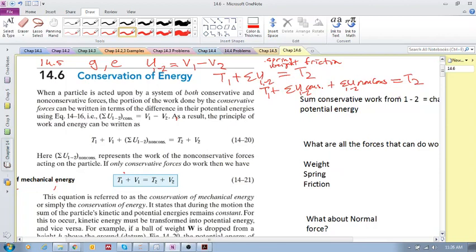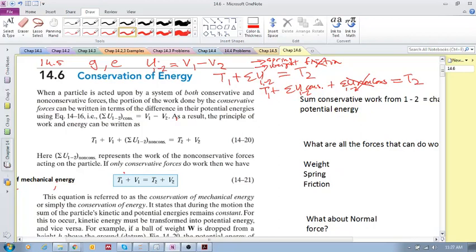Now, if we identify in our problem that we only have conservative forces acting, and we do not have any friction in our problem, then we can throw this away. And we just have T1 plus the work of the conservative forces equal to T2.